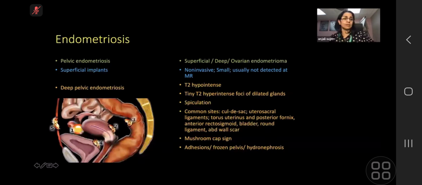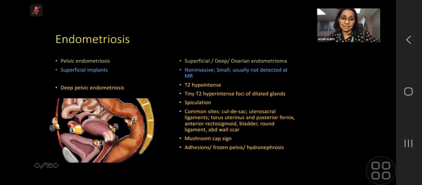So endometriosis can be superficial, deep, or ovarian endometrioma. Superficial implants are very small and you cannot find them on MRI. Whereas in deep pelvic endometriosis, these plaques appear typically low signal on T2.